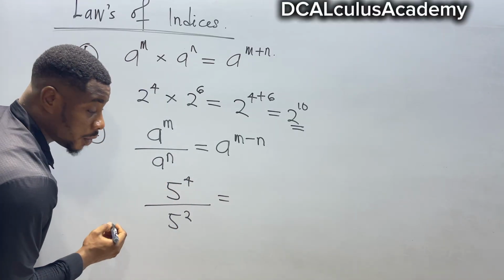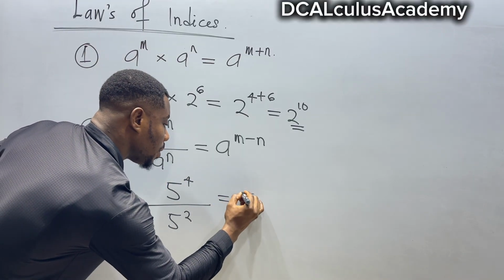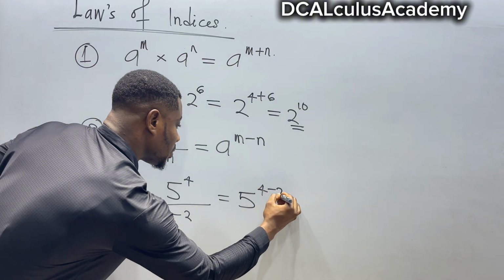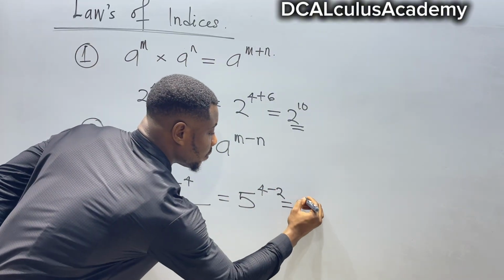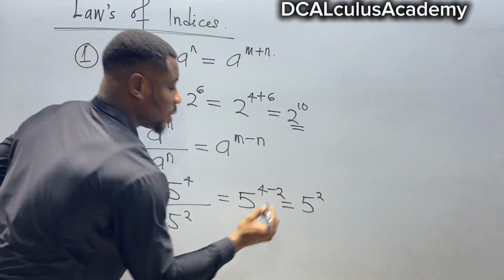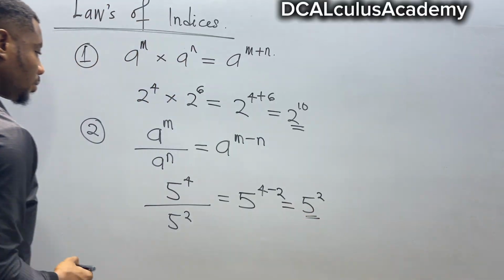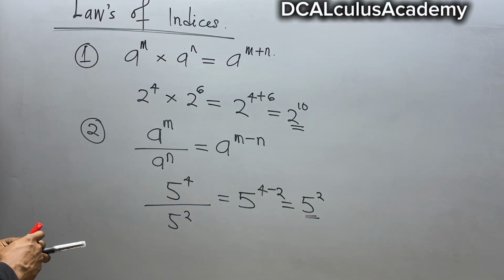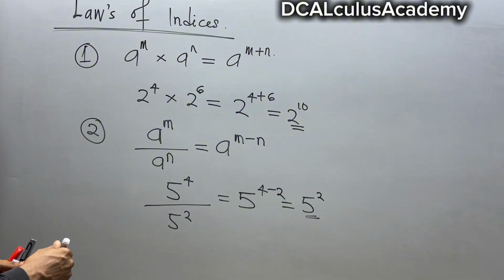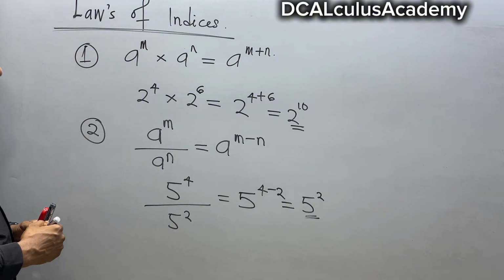We could apply the law. It gives us 5 to the power of 4 minus 2, and that gives us 5 to the power of 2. This is the answer. Okay. This is law 1, this is law 2.